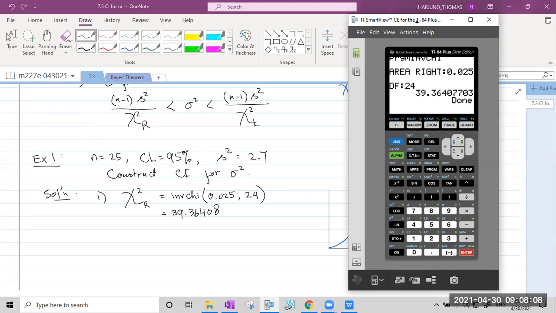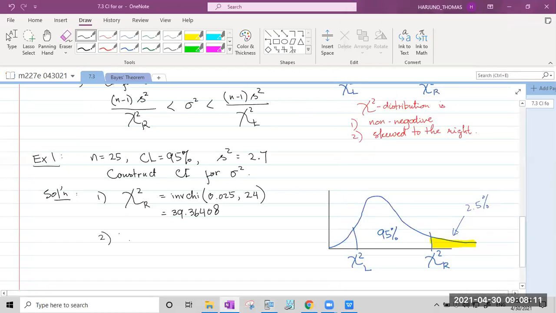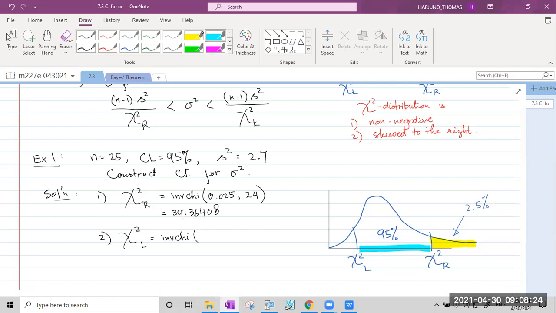Okay, now let's see how about chi-squared left. Chi-squared left will be inverse chi. Area to the right is that 95% plus 2.5%. Is it right? Okay, that will be 0.975. Like what I said earlier, the total you get here should be 1. Comma, degree of freedom, 24.